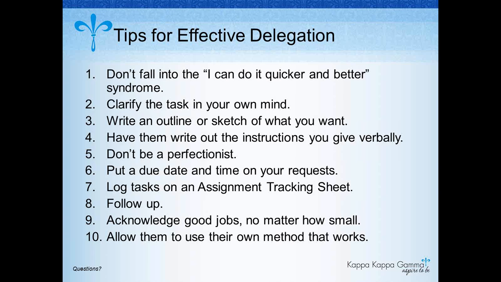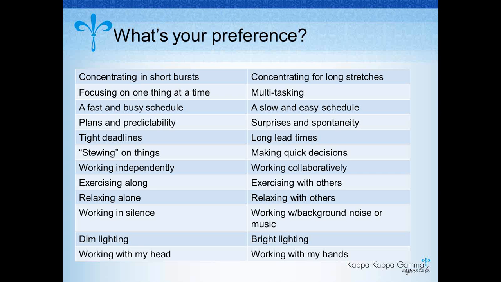But decide for each line, the left or the right, which one is your preference. And the point of this chart really is to stop trying to fight who you are.